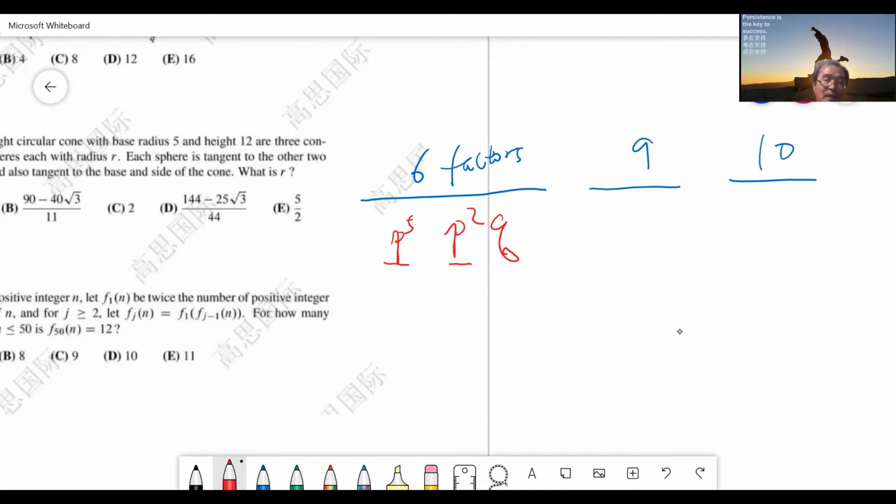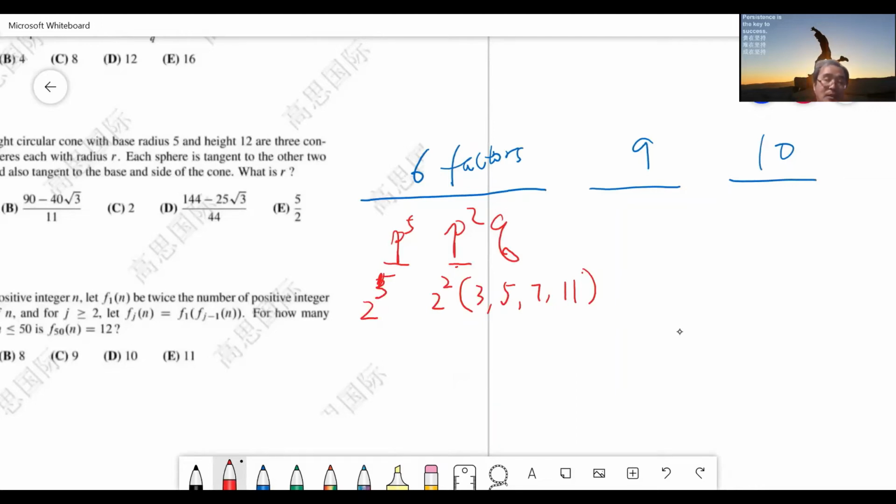So then if you look here, this gives us the solution 2 to the power 5, that's 32. We cannot do 3 to the power 5, that's too large. Then for p squared times q, we can look at 2 squared, then times 3, 5, 7, 11, and no more, right? If we do 13, that's 52.